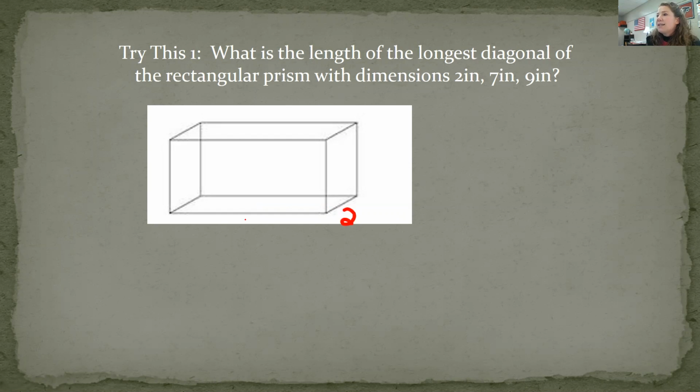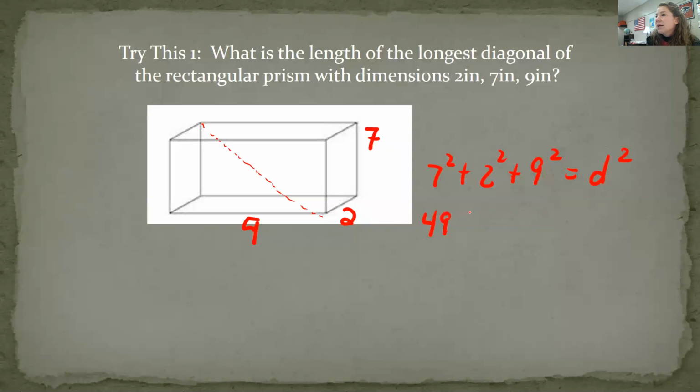All right, so if you have another box and the dimensions are 2, 9, and 7, well, that three-dimensional length is going to be 7 squared plus 2 squared plus 9 squared, which is going to equal that distance squared. So we have 49 plus 4 plus 81.